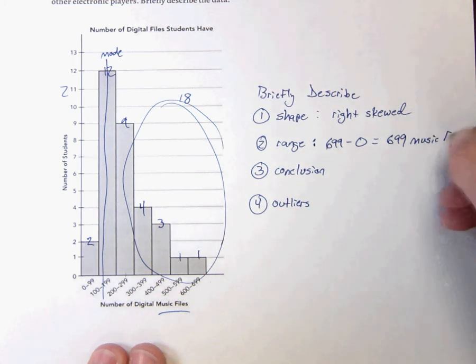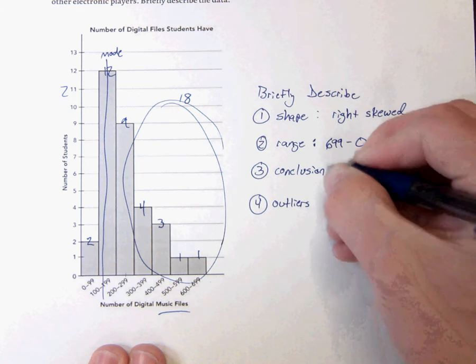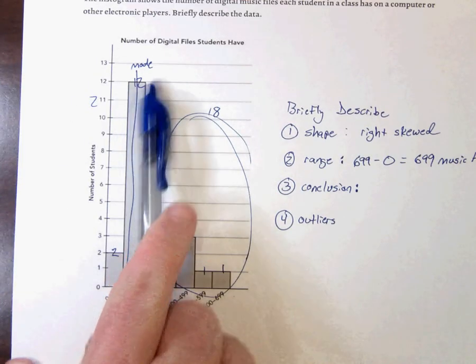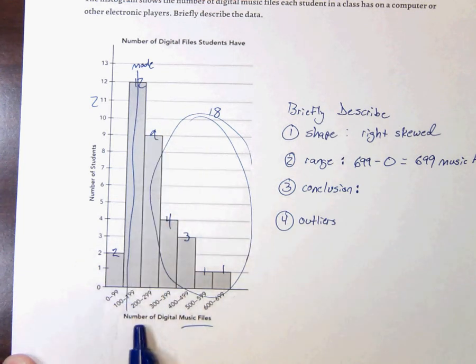Next, conclusion. What do we notice? Well, this sticks right out. It looks like most kids have 100 to 199 digital music files.